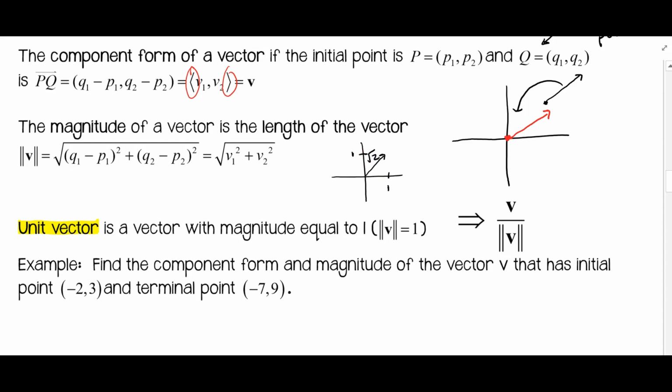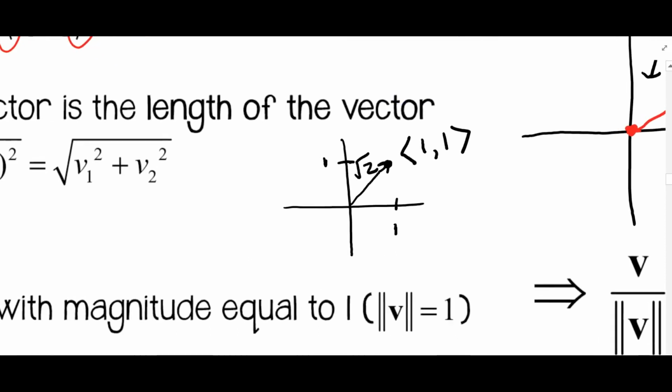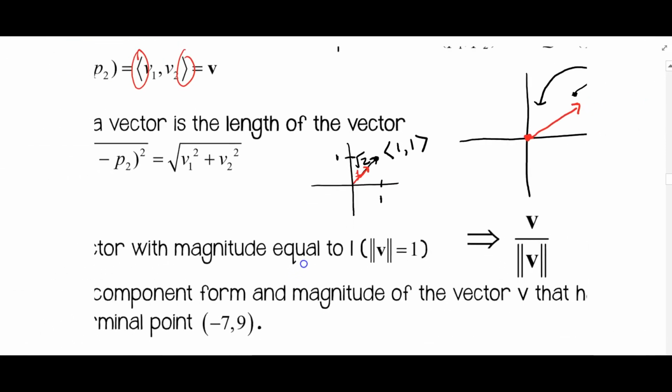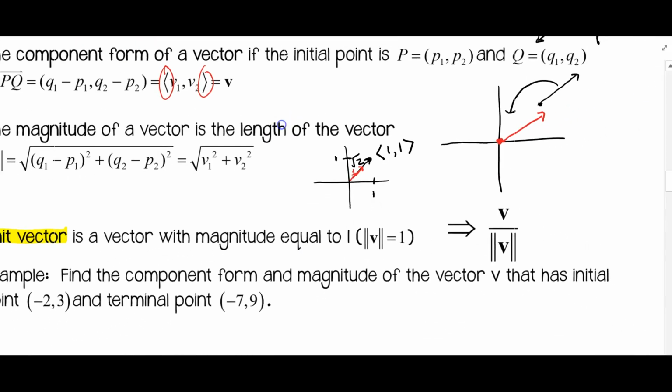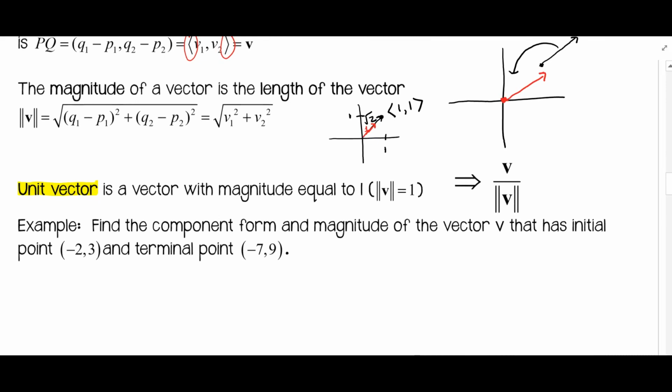My coordinates here for this component form would be 1, 1, but what we want to find is the point along this vector where the length would be 1.